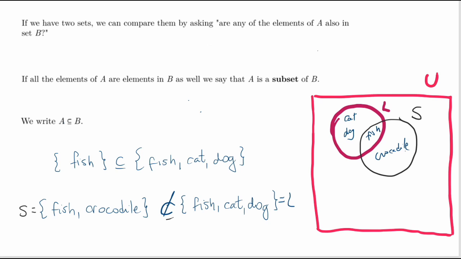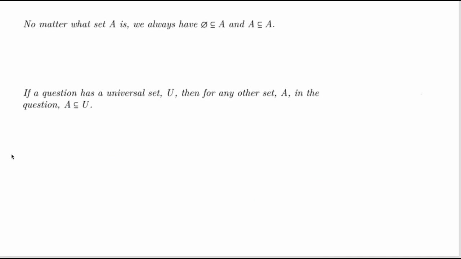All right, now we're going to discuss some special properties. No matter what set A is, it could be any set, we always have some particular truths. First of all, the empty set is a subset of A, and A is a subset of itself.